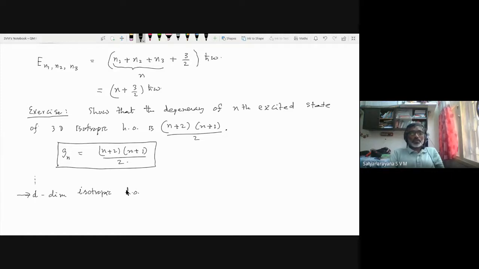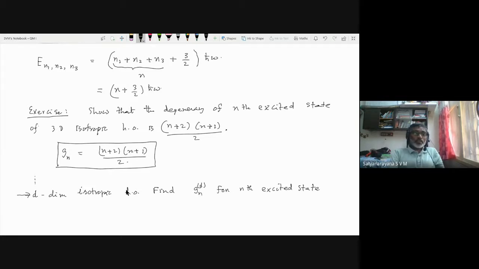Consider a d-dimensional isotropic harmonic oscillator and find Gn for the nth excited state. Maybe I call it Gnd.